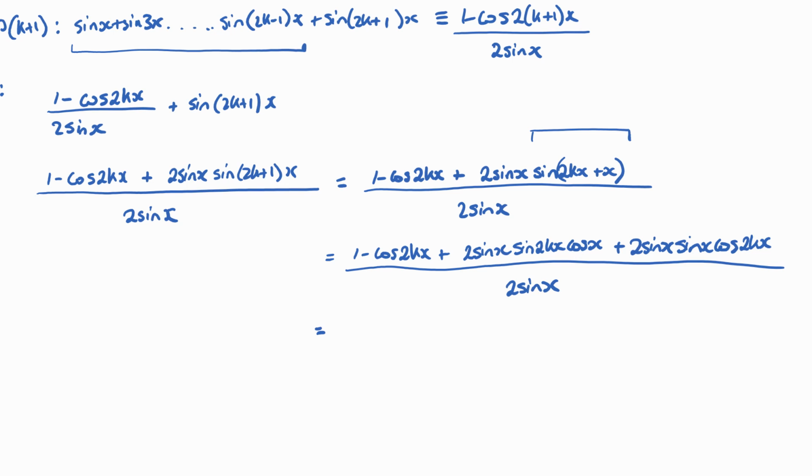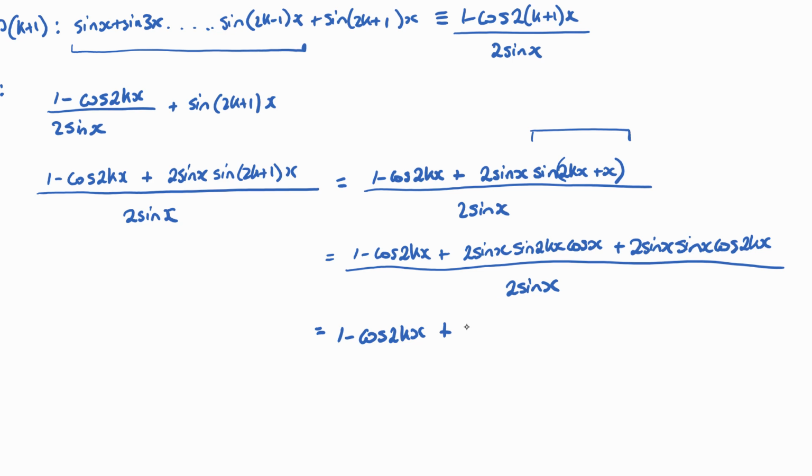Now what I can do is simplify this. 1 minus cos of 2kx plus 2 sine x and cos x I can simplify. So 2 sine x and cos x I can simplify using the double angle formula.